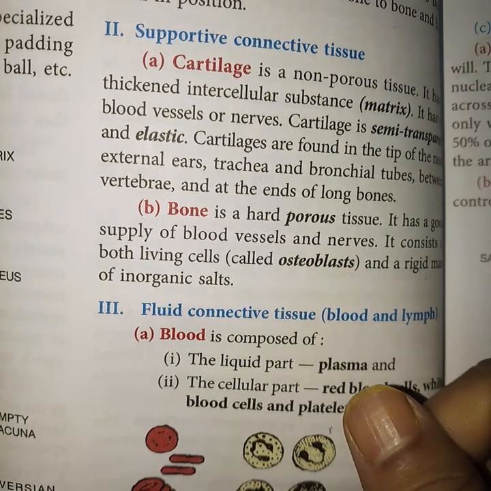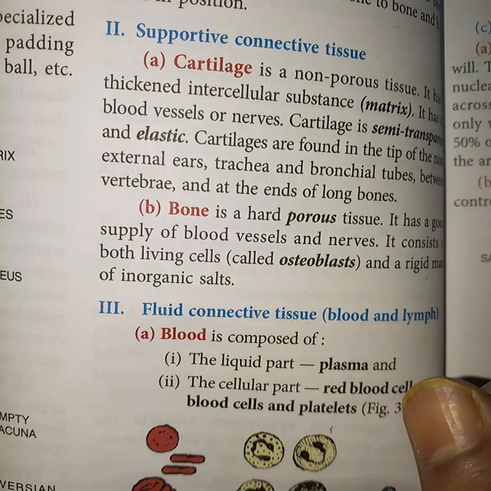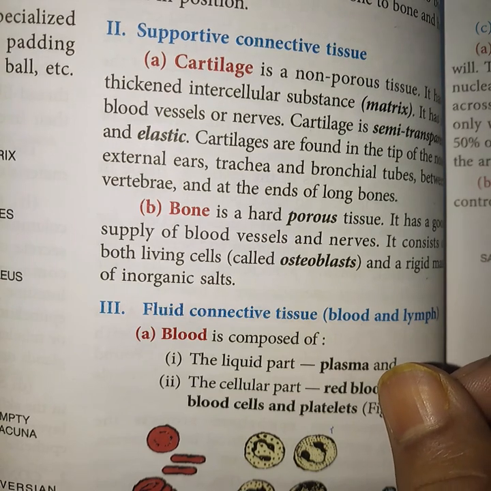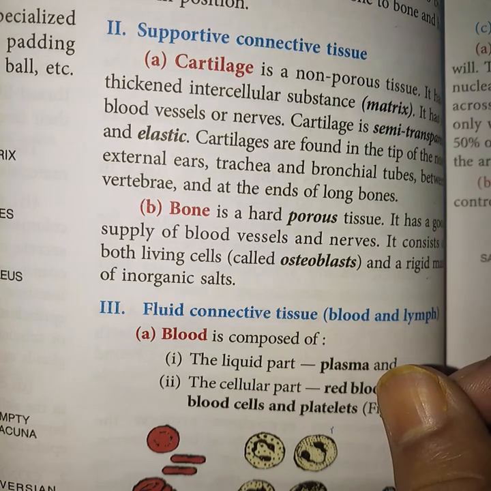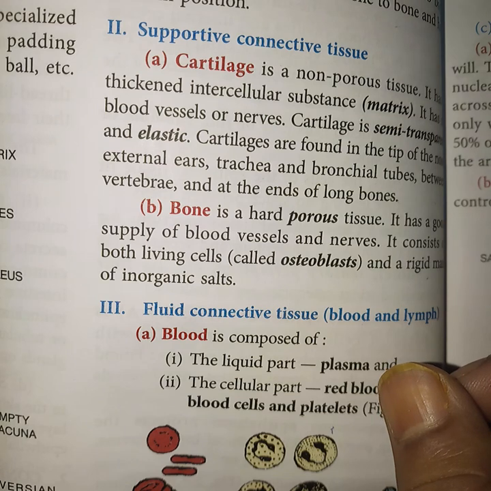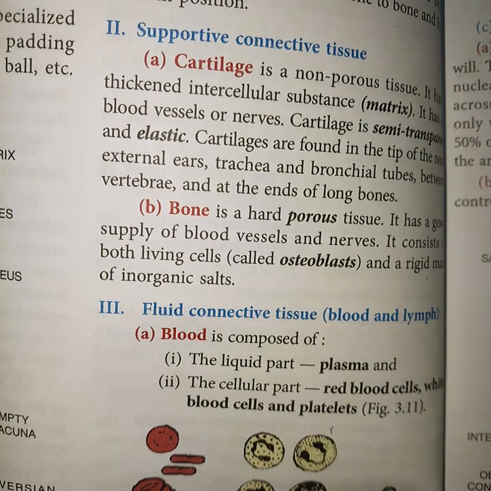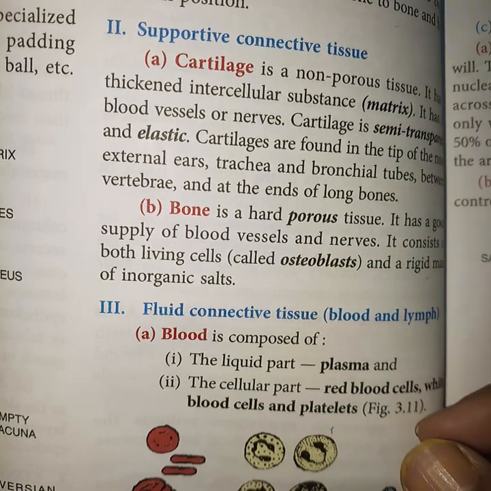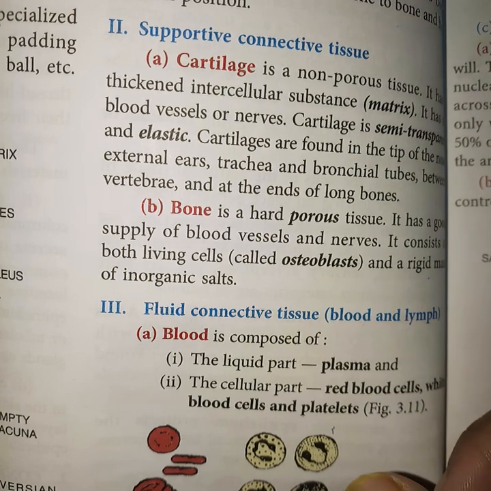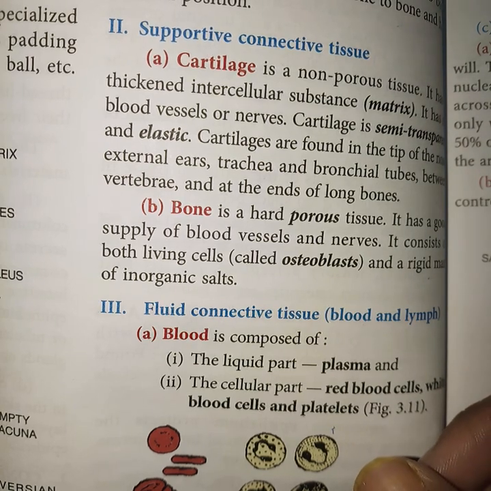Bone is mostly present inside the body, supporting our body, but cartilage is present inside the body as well as outside. If you touch the tip of your nose or your ears, or the trachea, or in between the bones, the structure there is called cartilage.